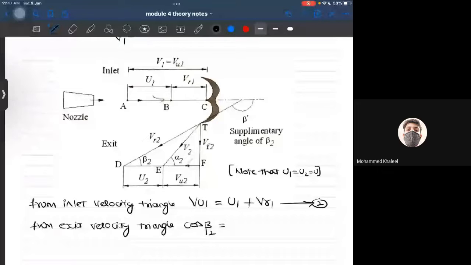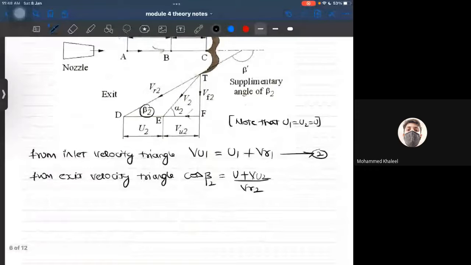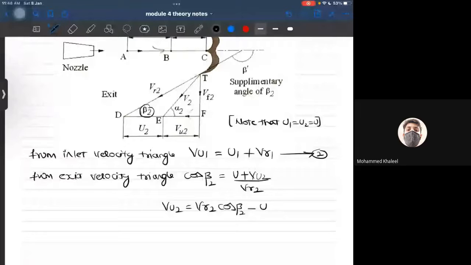Applying cos beta 2, it is U plus VU2 divided by VR2. So, from this, VU2 would be equal to VR2 cos beta 2 minus U. So, now I would take this as equation number 3.